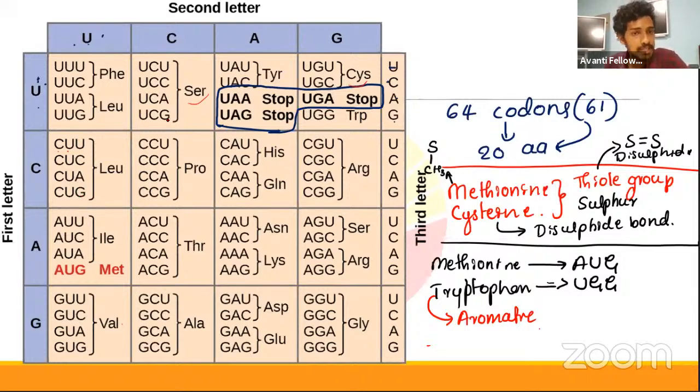The same happens with serine, proline, threonine, alanine, valine, and glycine. So the third base sometimes doesn't matter. Based on the first two bases, the amino acid will be determined.